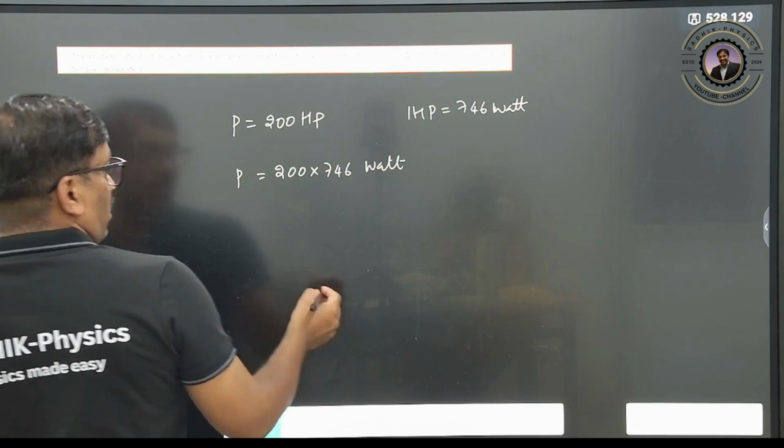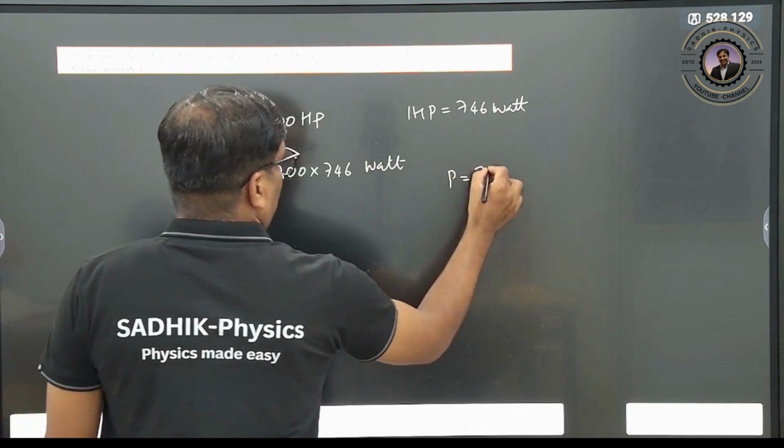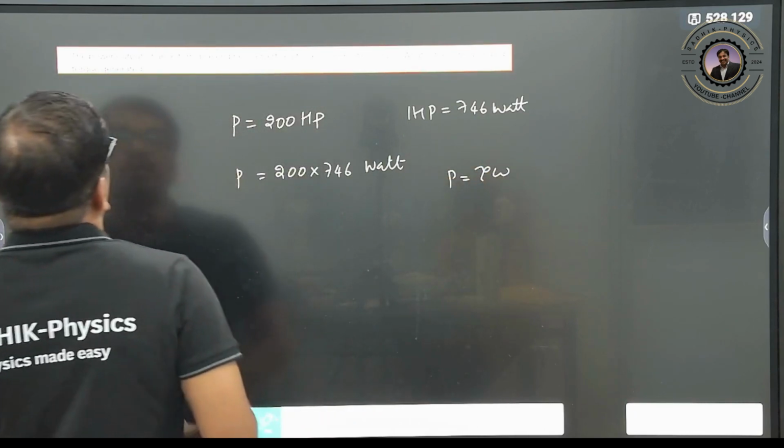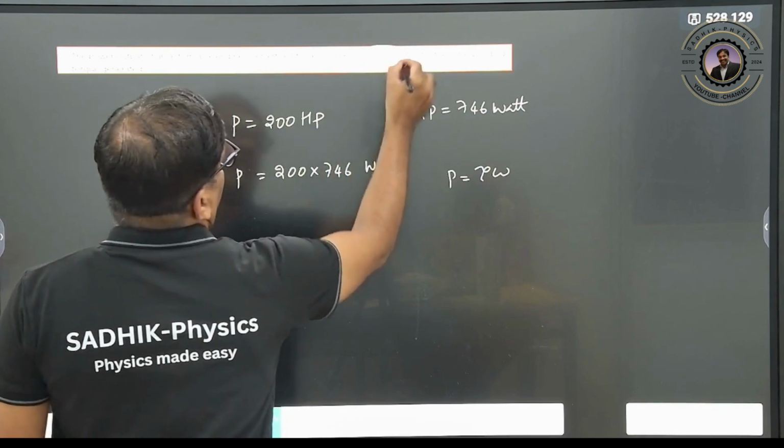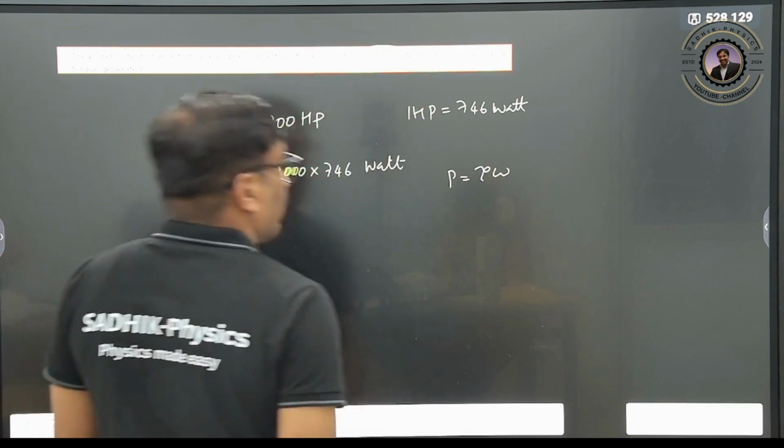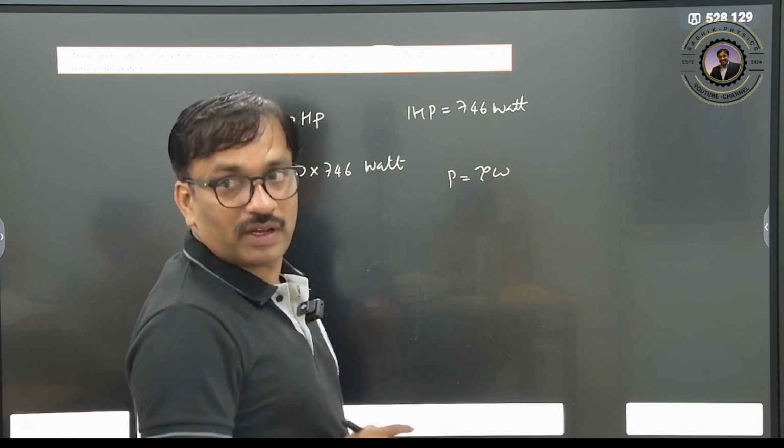He is asking for the torque, so power is equal to torque into omega. Omega is given as 600 rpm. rpm means again frequency.